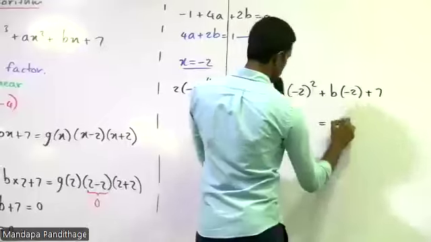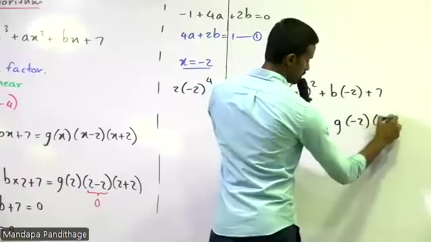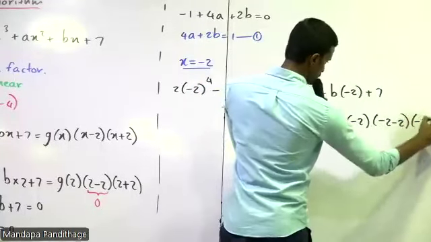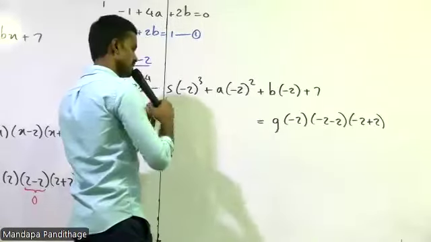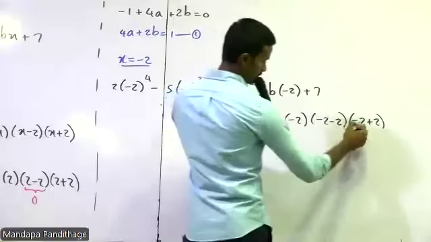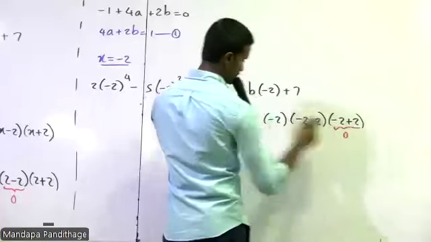This is equal to g of minus 2 into minus 2 minus 2 and minus 2 plus 2. So it's okay that we don't know g of minus 2, because anyway this becomes 0.